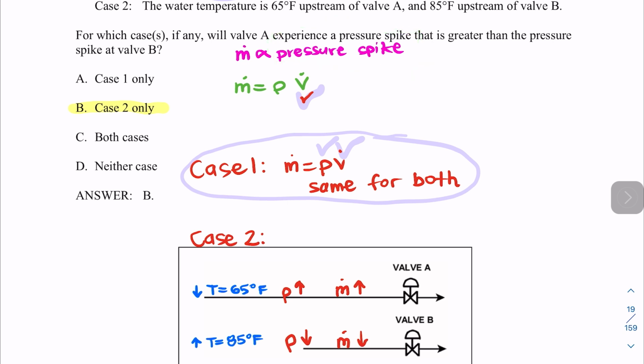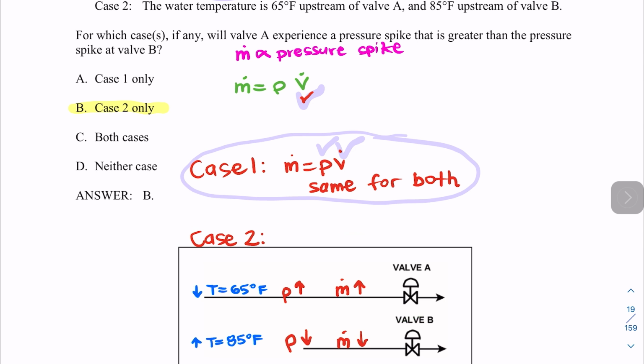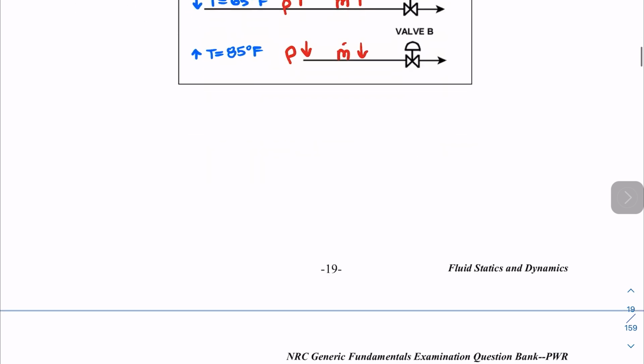When it says pressure spike, that's what it's asking about, the mass flow rate. So I know that for case two, bulb A is going to have a higher mass flow rate, or a higher pressure spike. So yes, for which case? Only for case two, right? That's how it's going to work for this one. Okay, so that was easy.